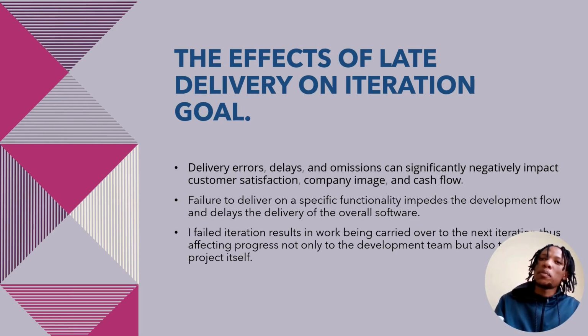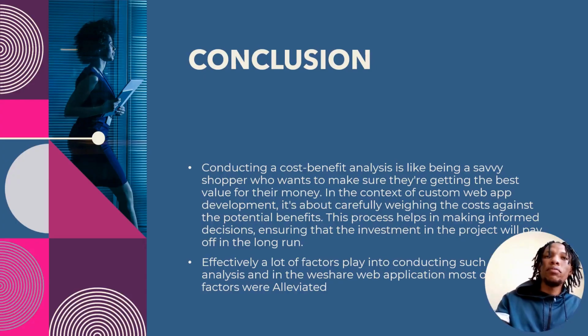A failure to deliver on a specific functionality impedes the development workflow, and it delays the overall software, so it either reaches the customer at a later time, or it reaches the customer in a state that is not good enough. So a failed iteration results in work being carried over to the next iteration, thus affecting progress, not only of the development team but also of the project at large.